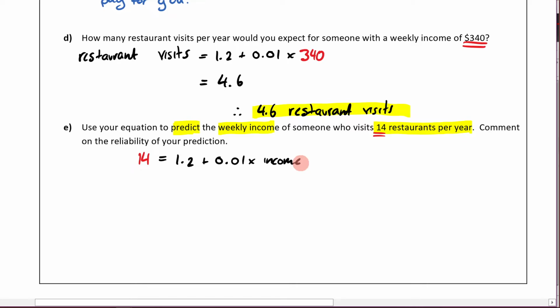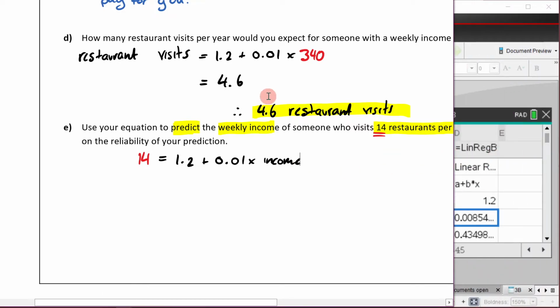I'm going to have to use my CAS calculator to help me out with this one. Of course, you'd have to use your CAS for this one as well. I don't expect you to be doing this in your head.